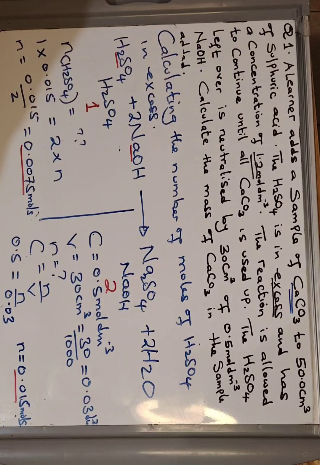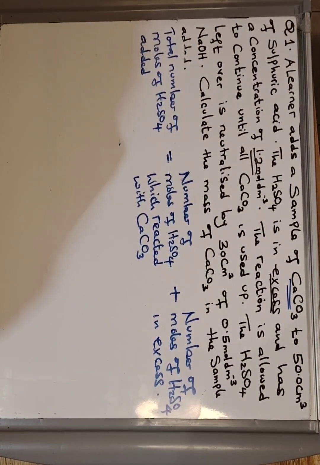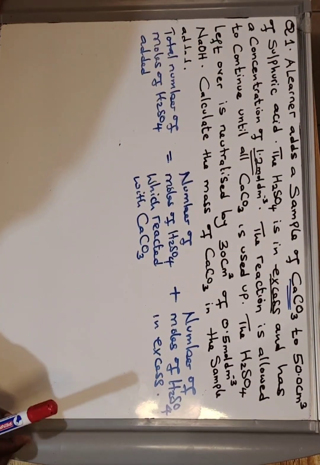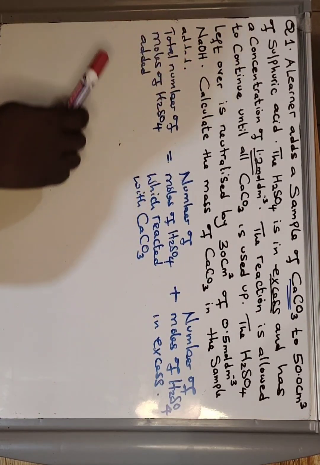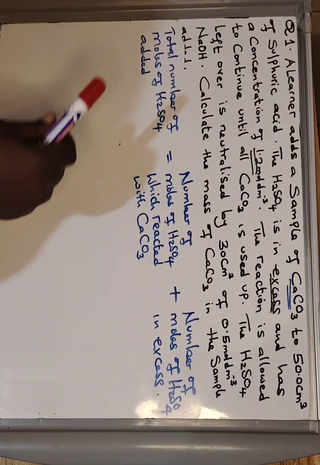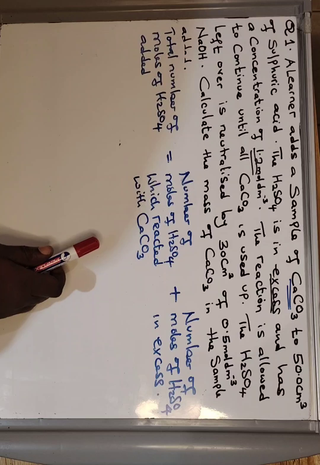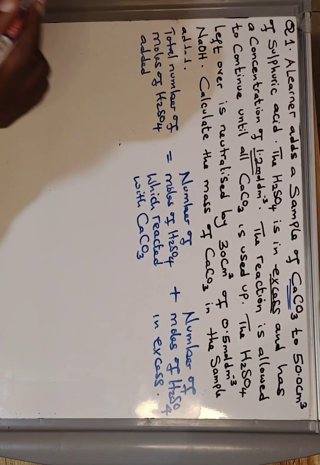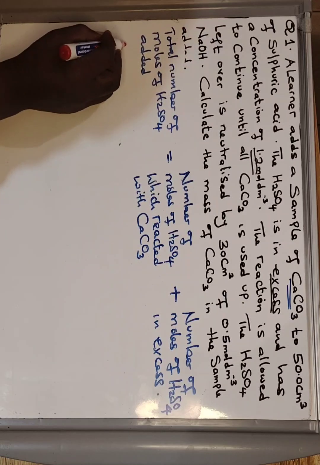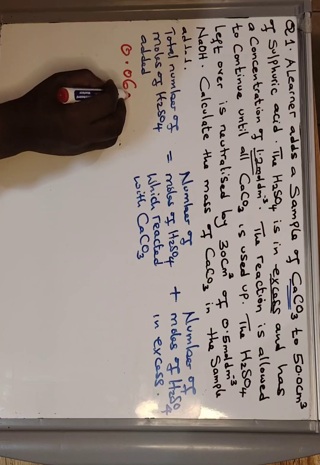So after getting them, what do we do? We go back to that formula. Like we discussed before, this is the formula. The formula simply says that the total number of moles of sulfuric acid which you added, part of it reacted with calcium carbonate and part of it is in excess. Now we know the number of moles of sulfuric acid which we added. We found them to be 0.06 moles.